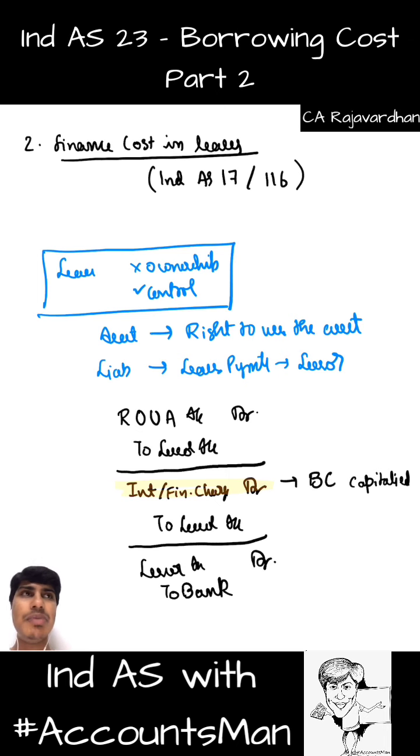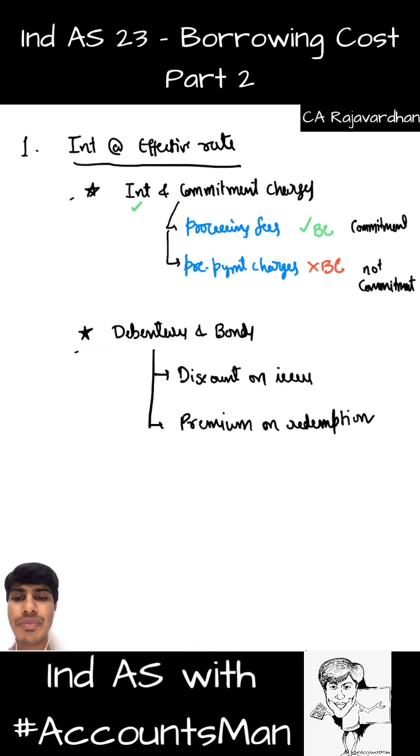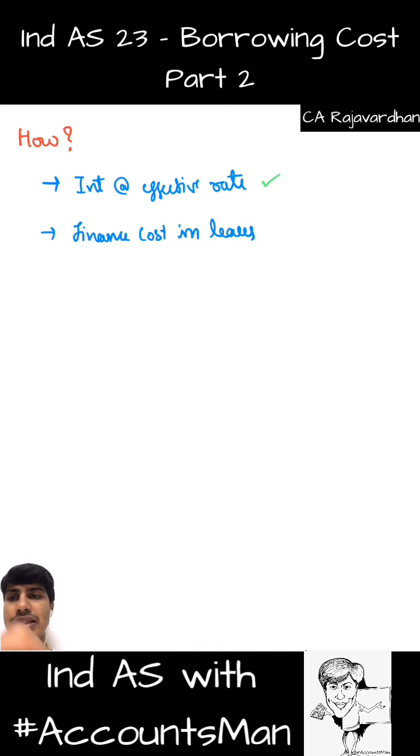So till the time the asset becomes ready to use or ready to be sold, till then any borrowing cost that is incurred by way of interest or financing charges in the process of borrowing in the form of lease will be capitalized. So this is the point of discussion with regard to interest costs in finance lease.